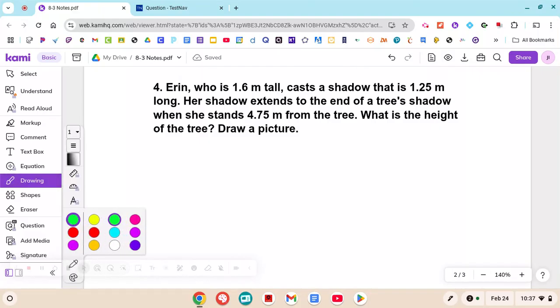We're going to have a tree. Something like that. Then we have a shadow going on. And somewhere along here, there is a person named Aaron hanging out. Get some hair.